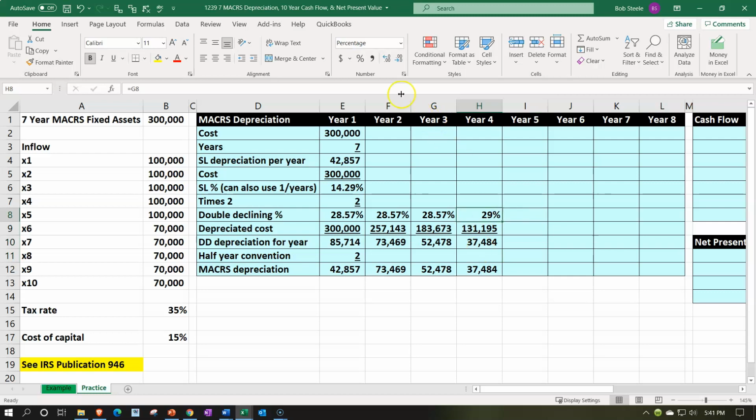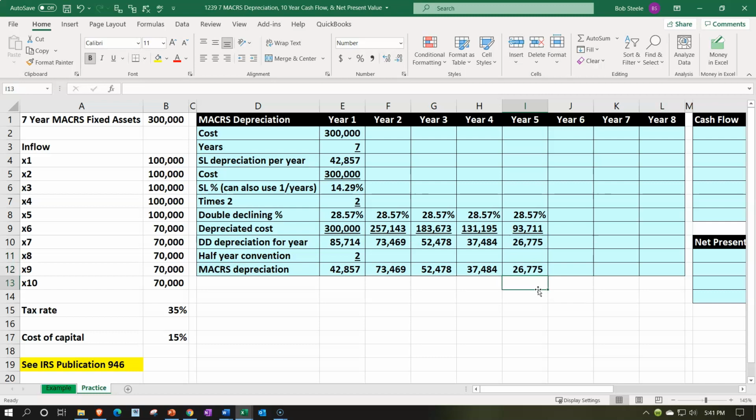Let's add some decimals here. Here we do it again, and I could do this all day long. This is just spectacularly fun and exciting. 131,195 minus the 37,484. Underline that, font group underline. Multiplying this out, and there we have it.